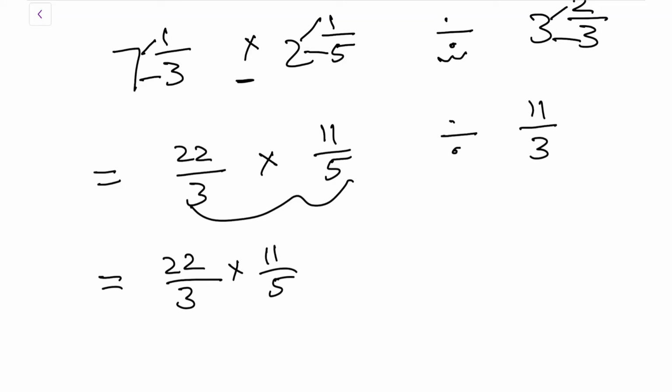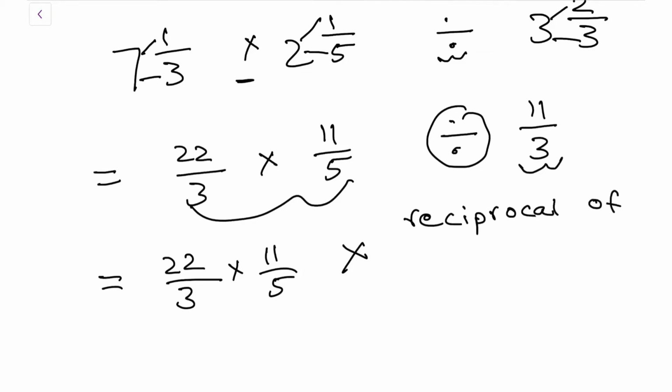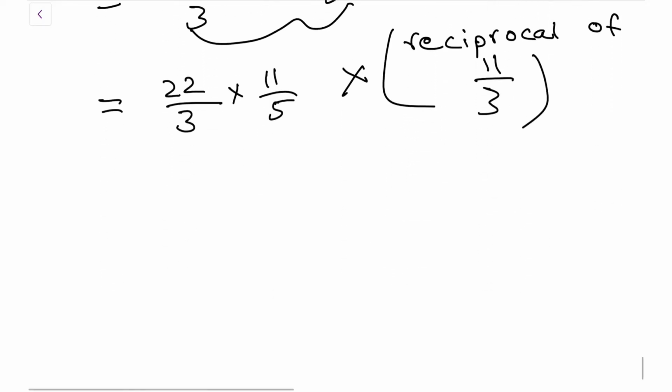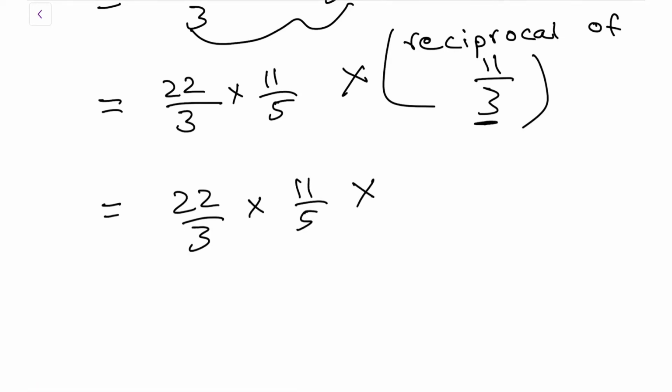Now, when there is division and you have to change it to multiplication, what do we do? Change it into multiplication and take the reciprocal of 11 by 3. So 22 by 3 into 11 by 5 into, what is the reciprocal of 11 by 3? 3 by 11. Cool.